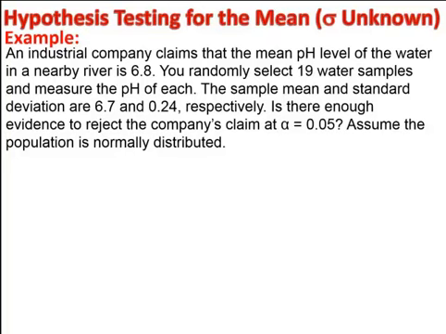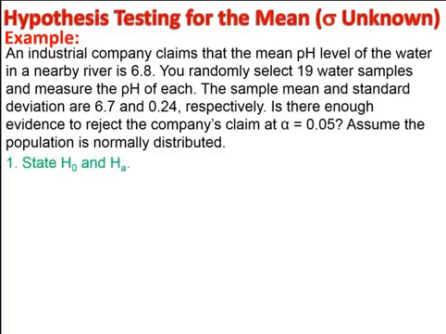The sample mean and the standard deviation are 6.7 and 0.24 respectively, which means the sample mean is 6.7 and the standard deviation is 0.24. Is there enough evidence to reject the company's claim at a level of significance of 0.05? Assume that the population is normally distributed.